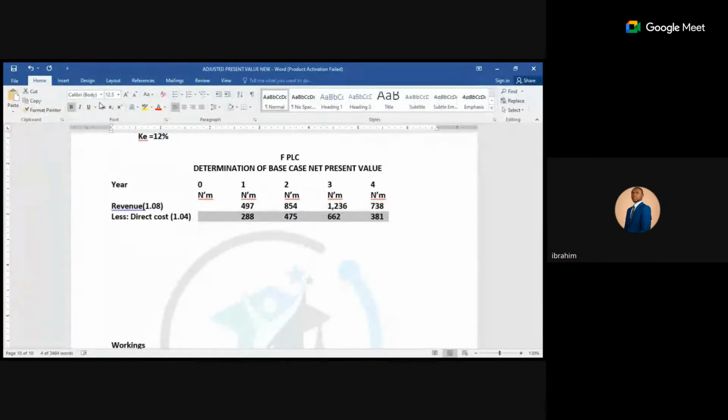what will be the cash profits before tax? Cash profits. What do we have here? When you subtract, what do you have? 209. What do we have here? 379.